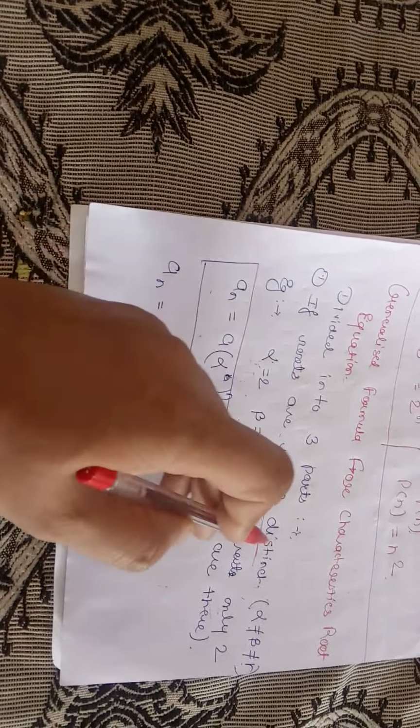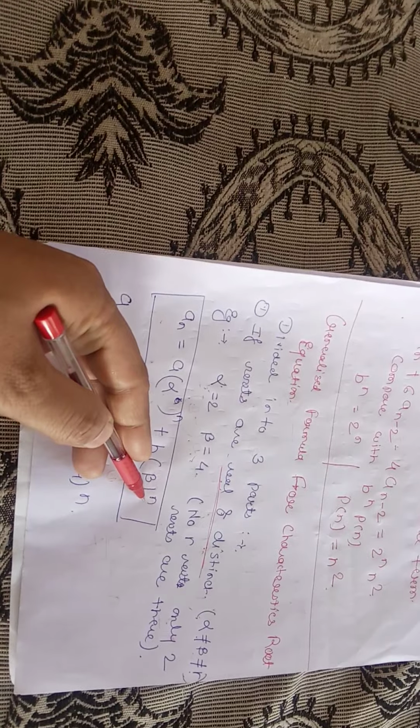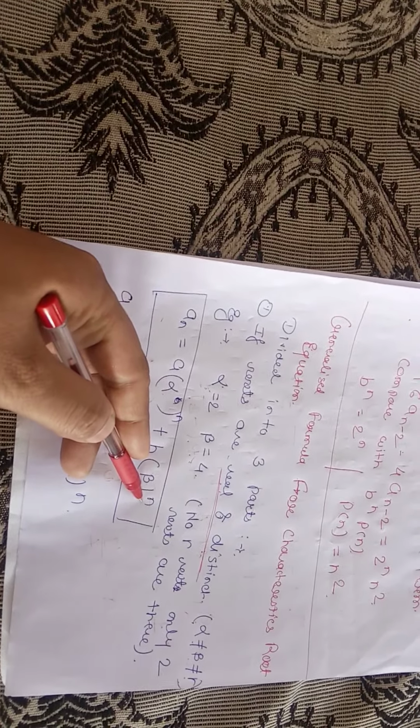So what can be the generalized formula for this equation? a_n is equal to a into alpha to the power n plus b into beta to the power n. As in our previous lecture example, we have two roots which are not the same.